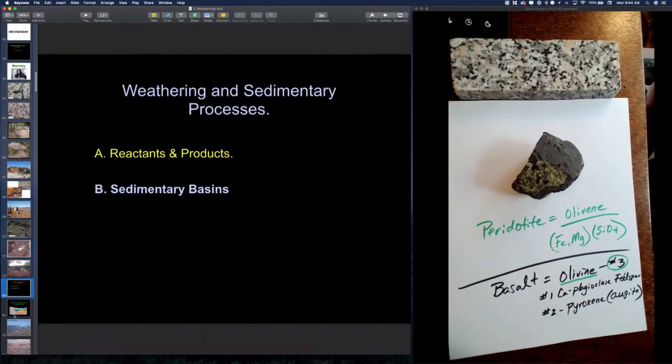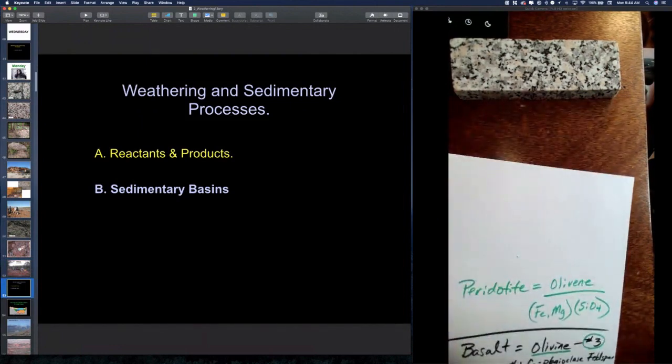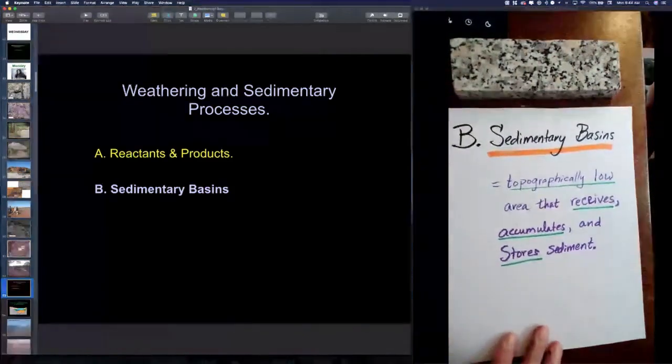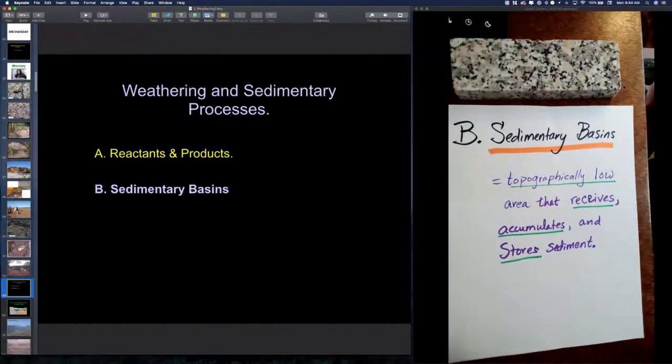Sedimentary basins. So let's think about sedimentary basins. A sedimentary basin is where we store sediment. So it's a topographically low area that receives and accumulates sediment.